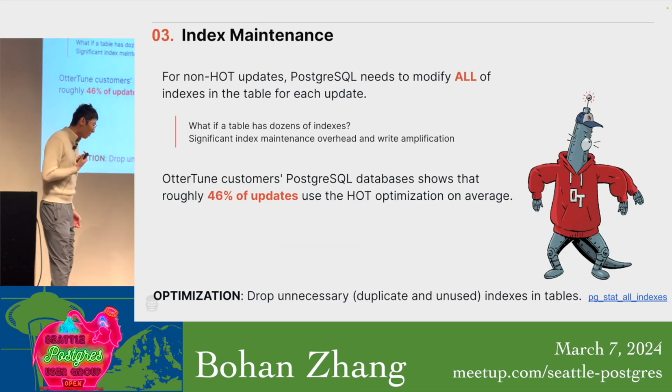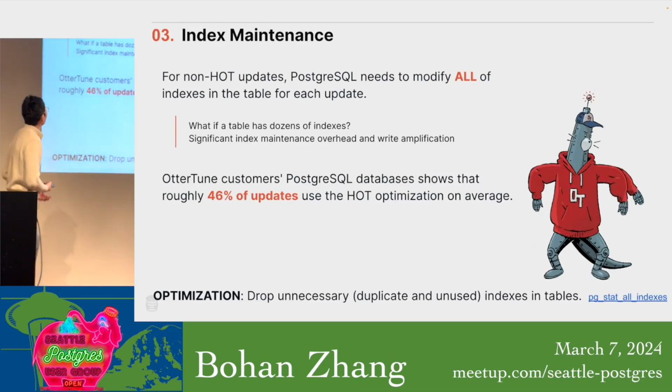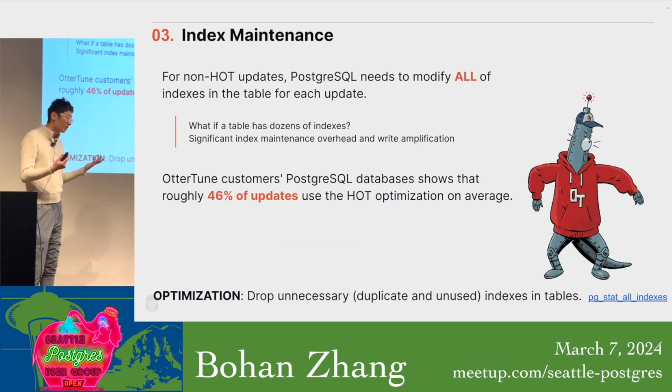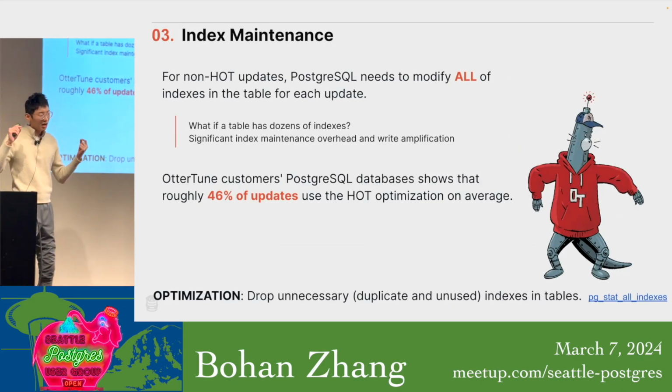So the third one is index maintenance. As discussed before, for non-HOT updates, Postgres needs to modify all indexes in the table for each update. So if you have dozens of indexes, for a single update you need to maintain all of the indexes in the table.